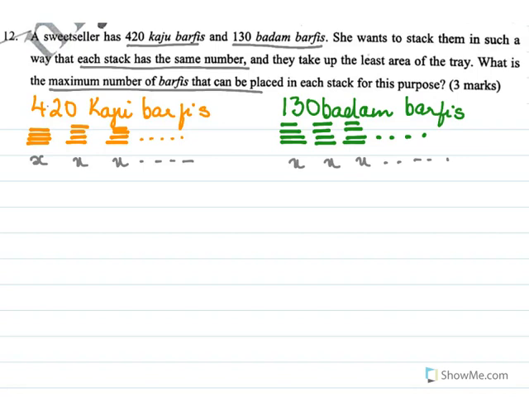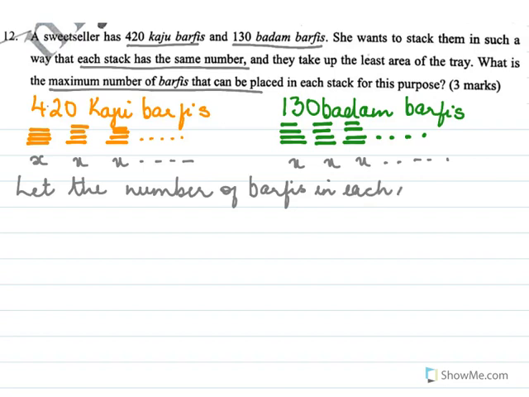Okay, so we say let the number of burfis in each stack be x. Now here if you see, this 420 has to be divided into many stacks, each having x.